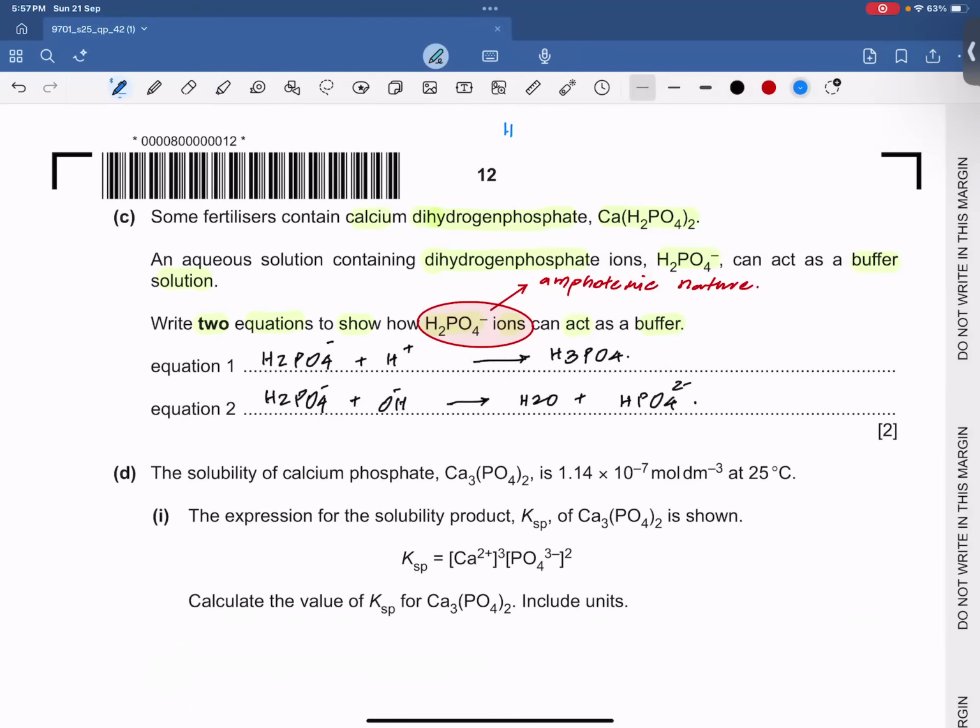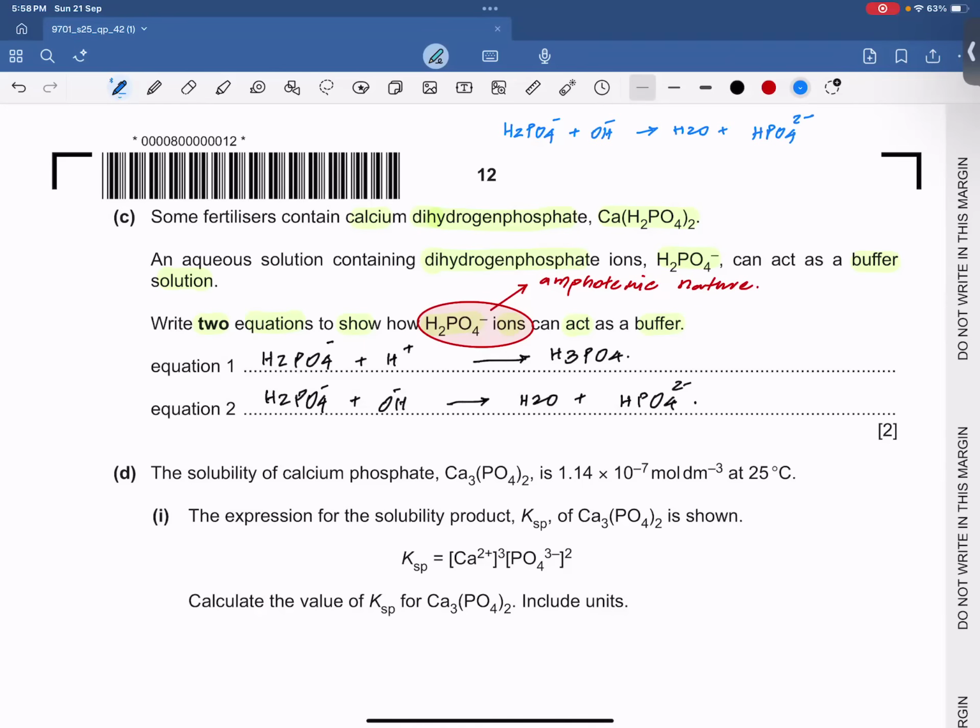This H2PO4 negative, when treated with hydroxide ions, will give water and HPO4 2 negative, right?